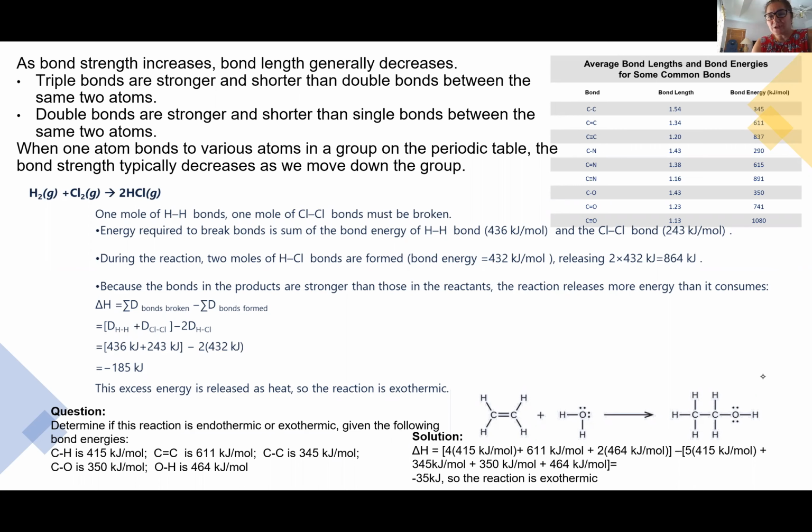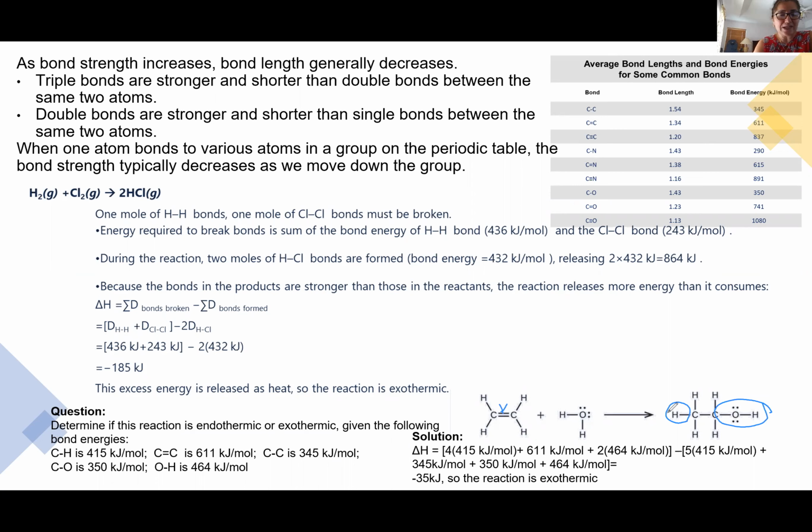The amount of energy being released in a reaction can be calculated based on how much energy was consumed to break bonds and how much energy was released when the new bonds formed. Like here, you break one pi bond, and then you get a CH bond, and then you get the COH bond.